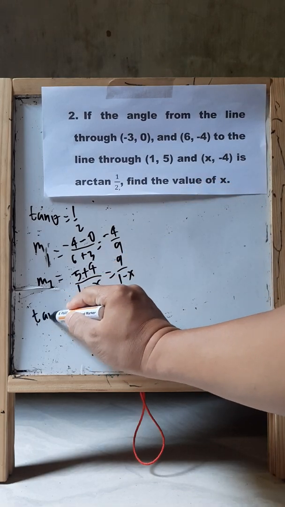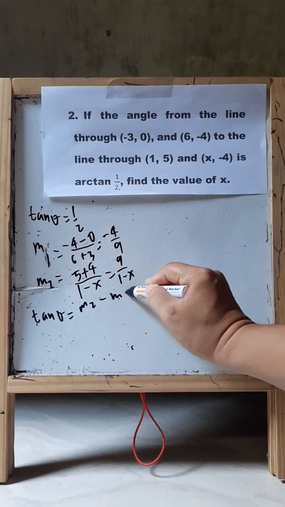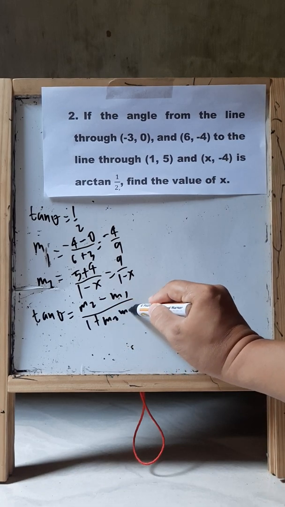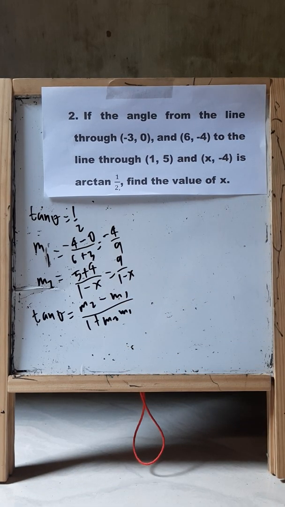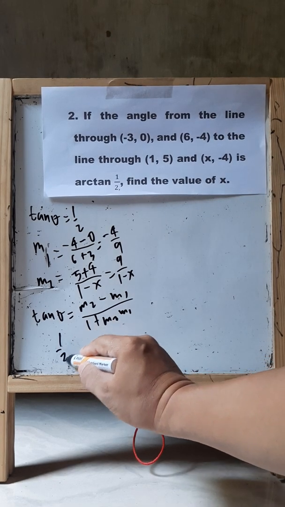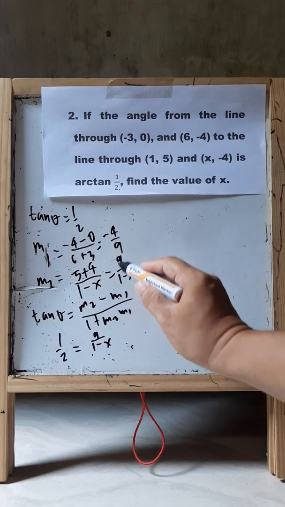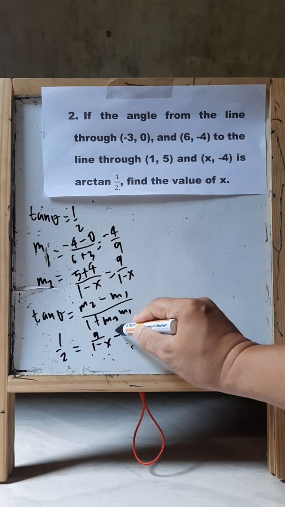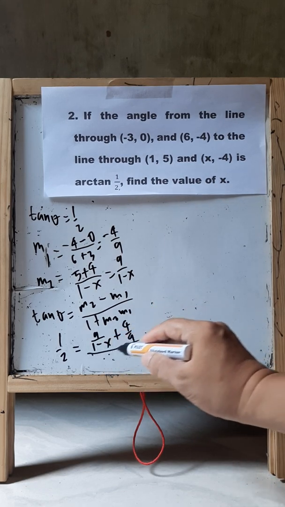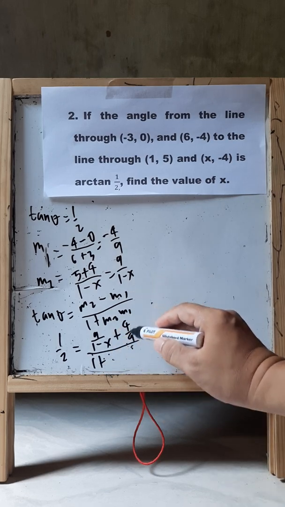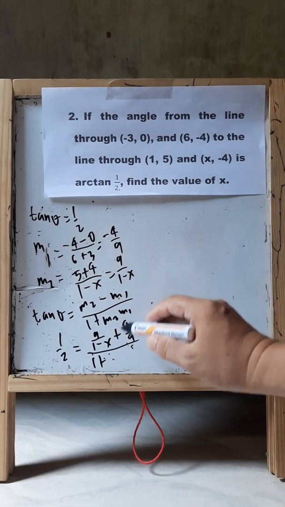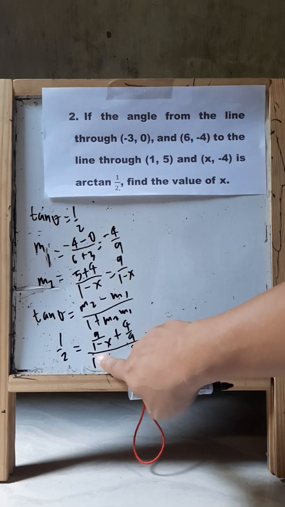After solving for the slopes of the two lines, we're now going to use the formula tangent theta is equal to m sub 2 minus m sub 1 over 1 plus m sub 2 times m sub 1. Since arctan is 1/2, 1/2 is equal to m sub 2, 9 over 1 minus x, plus 4 over 9, all over 1 plus the product of negative 4 over 9 and 9 over 1 minus x, that means 1 minus.